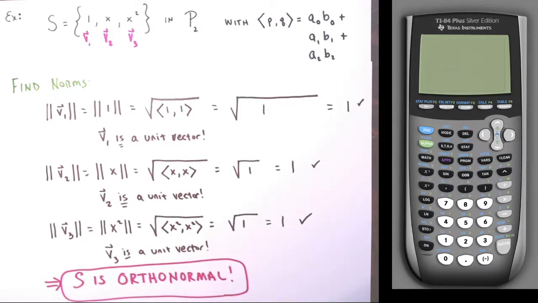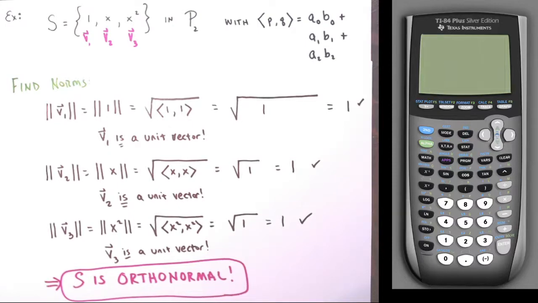So again, pretty simple. If you're given a set of vectors in some inner product space, first pay attention to how the inner product is being defined. Then take the inner product of each pair of vectors in the set. Now again, the more vectors there are, the more pairs you're going to have to take.